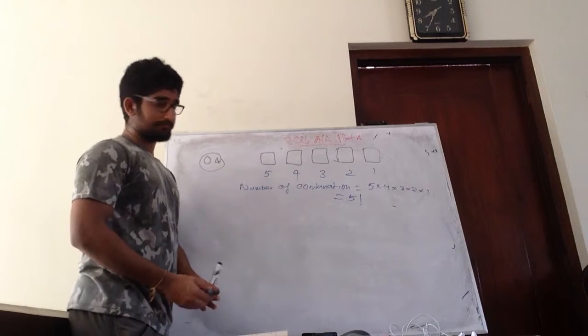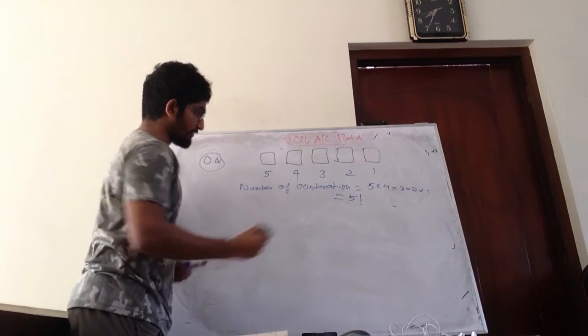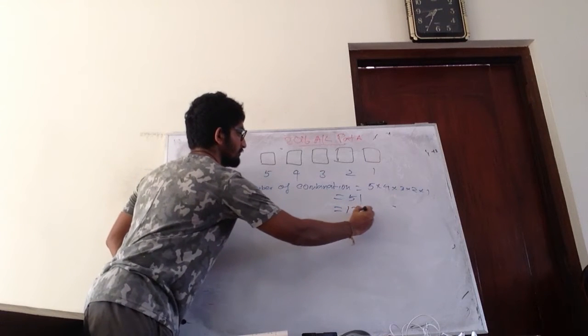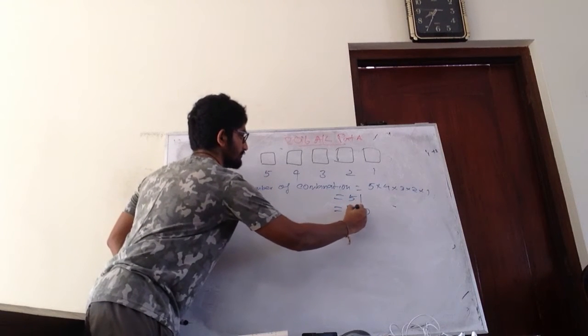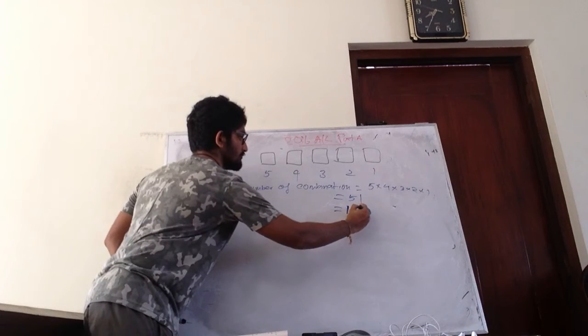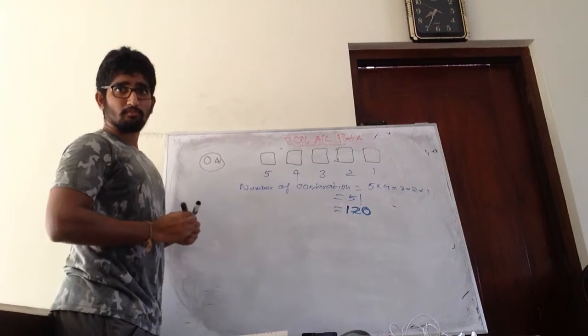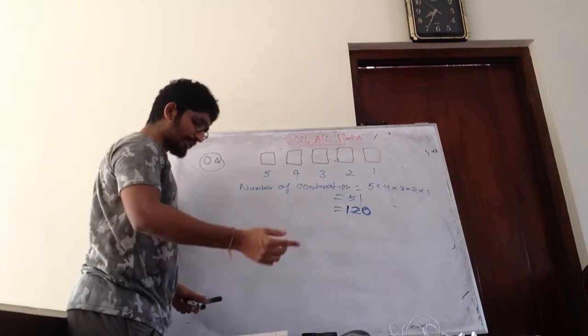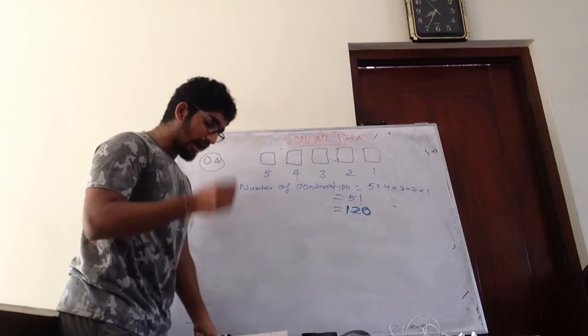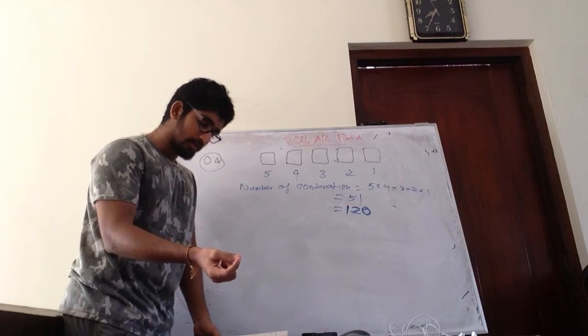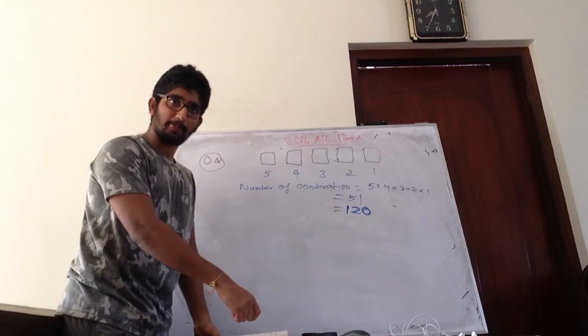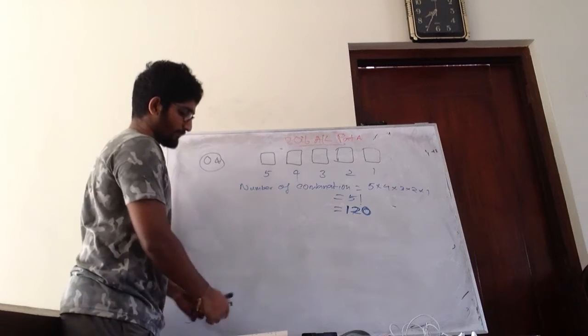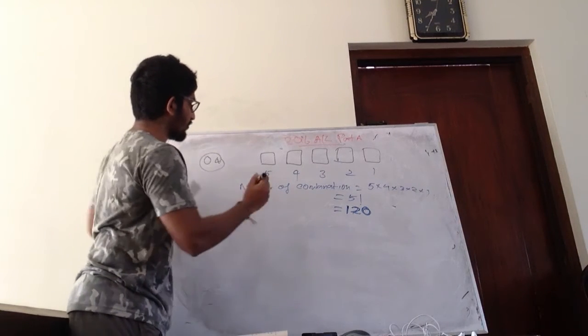So factorial 5 is 120. That is done. Then they ask how many of these numbers are even numbers. So now it's a case of odds and evens.